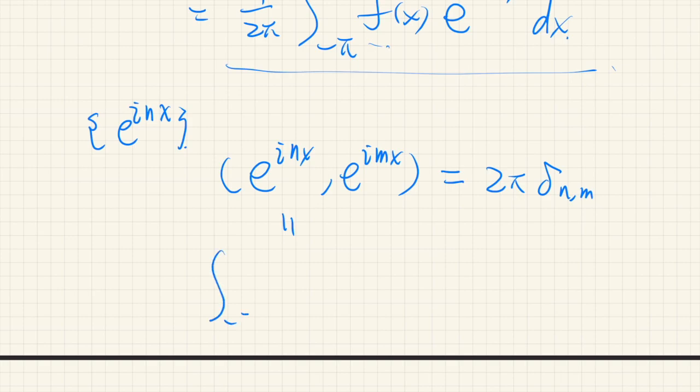What this means is this integral of e to the i n x times the complex conjugate, e to the minus i m x, dx. We have seen that this equality holds. When n and m are equal, this integral becomes 2 pi. Otherwise, it's 0. That's what this means. So it's very concisely expressed. It's nice.